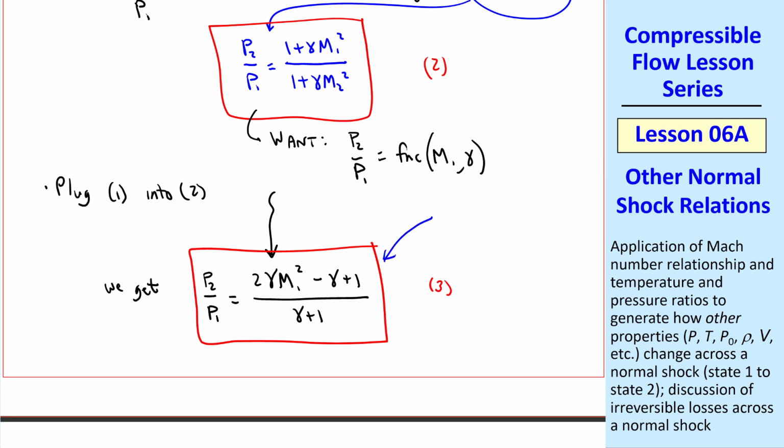As a check, at our old friend M1 equals 2.60 for air, we get a pressure ratio of 7.7200, which agrees with what we found in previous lessons at this Mach number and gamma. This equation is easier to use because we don't have the intermediate step of finding M2.